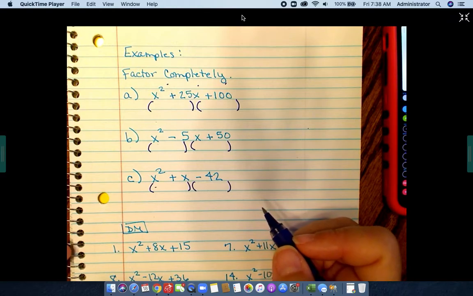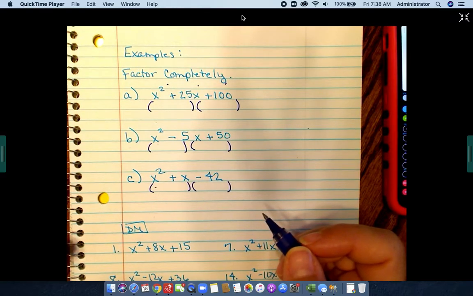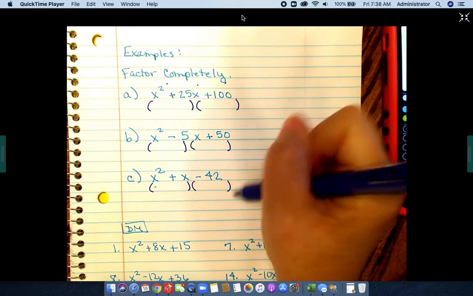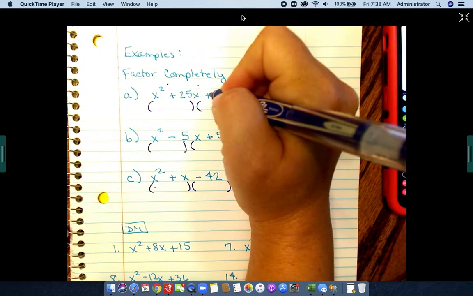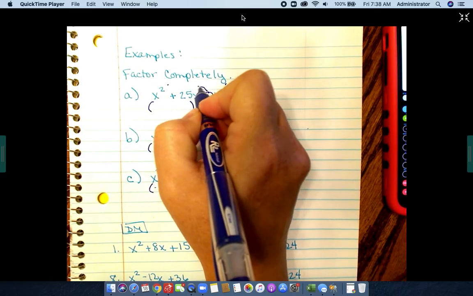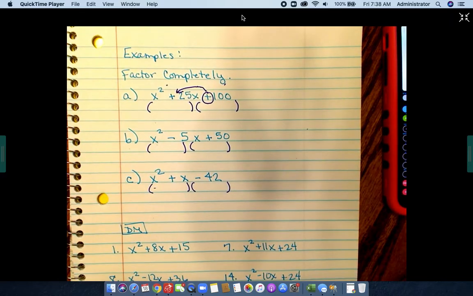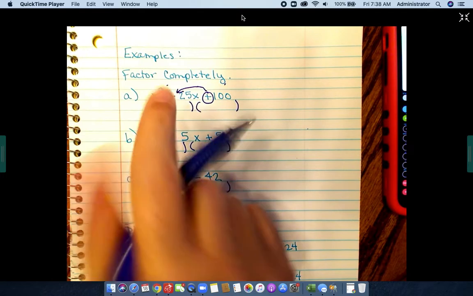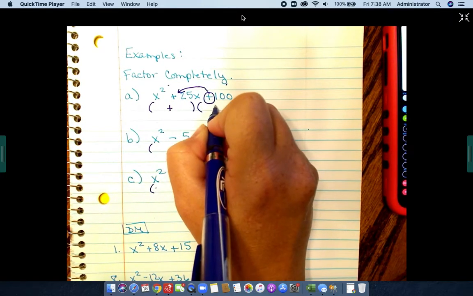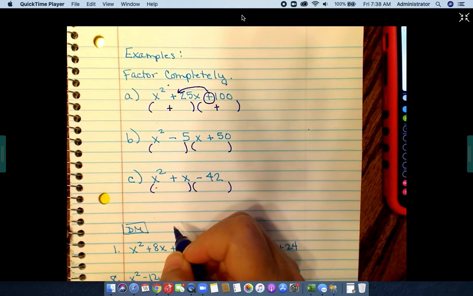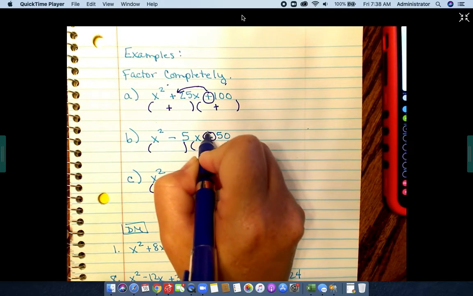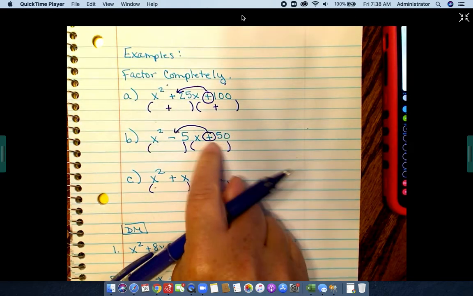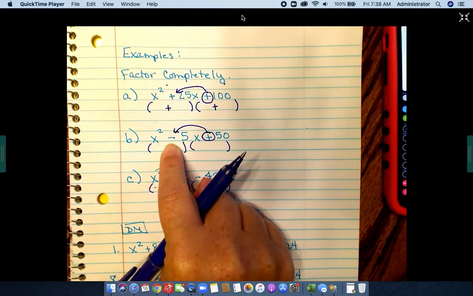I also shared with you that the first step is to determine your signs in your binomial factors. So again, if your constant term is positive, we're going to copy the linear sign twice. So because this is positive 25x, I'm going to multiply a positive times a positive. For example B, my constant is positive, so I'm going to copy this sign twice.